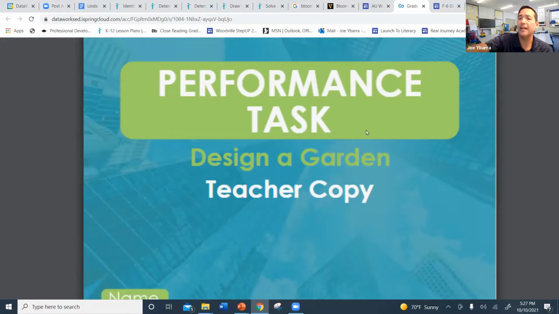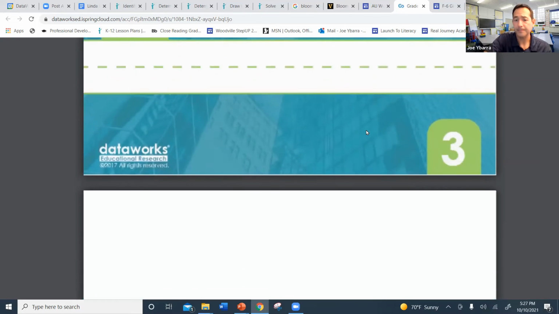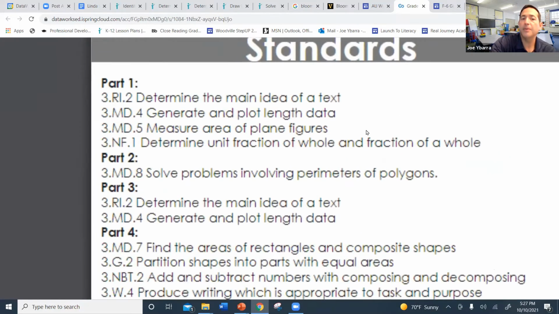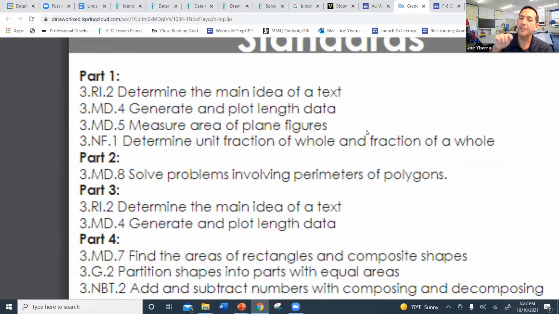We love these types of activities, especially as learners. But before I start with the project, I teach them specific concepts that I know are essential for them to be successful in the project. So I'll teach them 4 lessons. In this particular project, they need to determine the main idea of a text, because they're going to read a lot of informative text to research so they can start. They're also going to need to generate and plot length data.